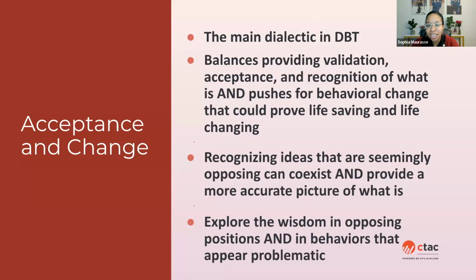That could be quite validating and accepting of their deficits versus pushing for behavioral change, where we're consulting to them and really pushing for them to engage in a treatment that recognizes their need for change. That coexisting of those ideas is really a way of recognizing that that's how we get to a much more accurate picture.